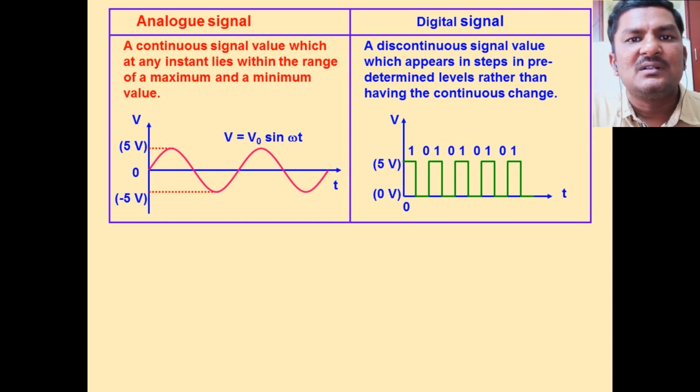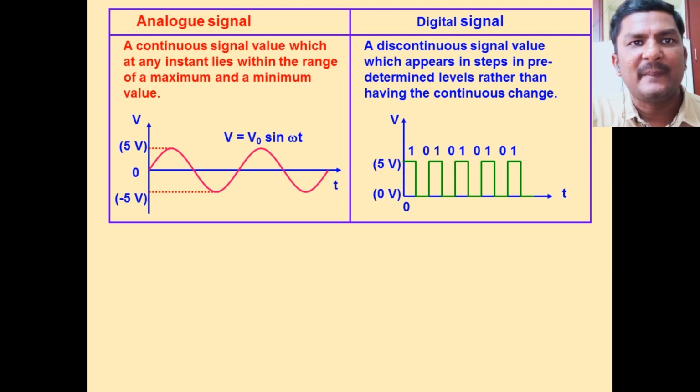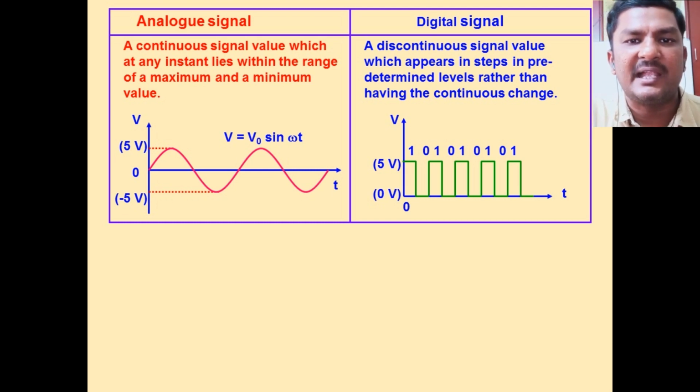So the value of potential changes sinusoidally with respect to time. So V can be written as V equal to V naught sine omega t, and V naught is the maximum value of voltage. This you learn in detail in the AC circuit chapter.